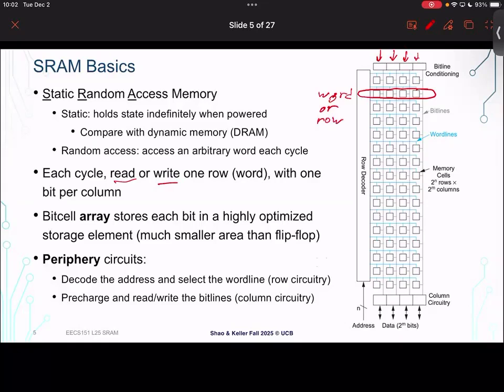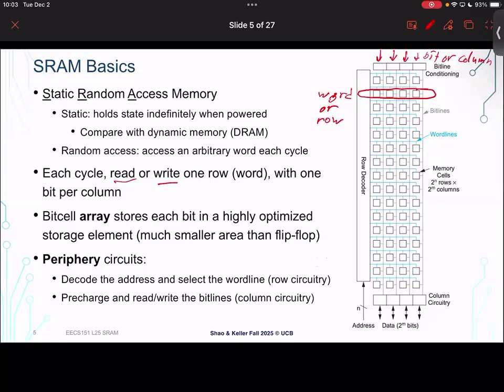We use those terms synonymously here. And each column stores a bit. And so every cycle, if we want to read or write, we're going to activate exactly one row and then read the bits out of that row or write the bits into that row, one bit per column.